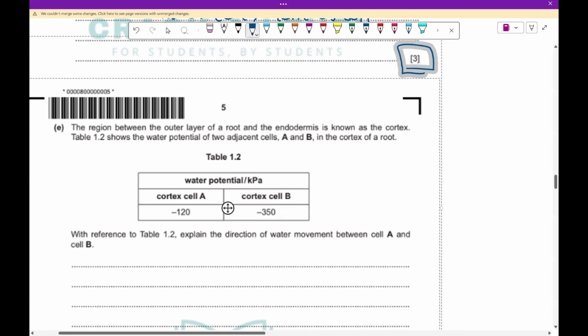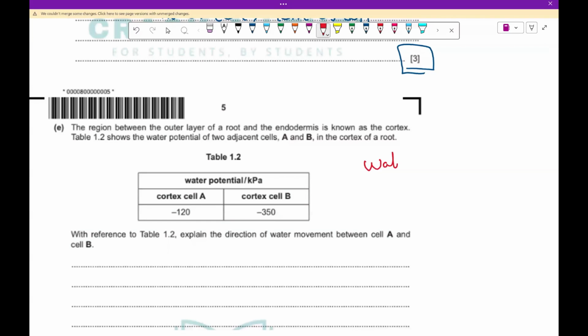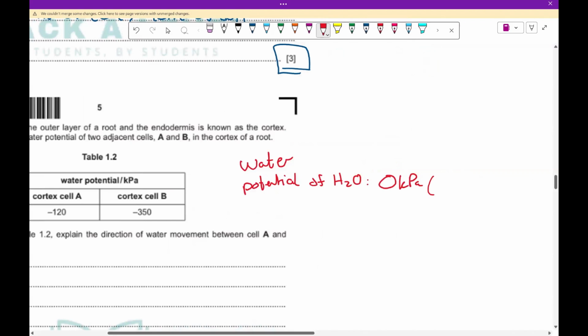Okay. वाटर पोटेंशियल, the concept here is that the water potential of pure water, H2O, is zero kPa. So if the water potential of pure water is zero, there is no higher water potential than that of pure water.